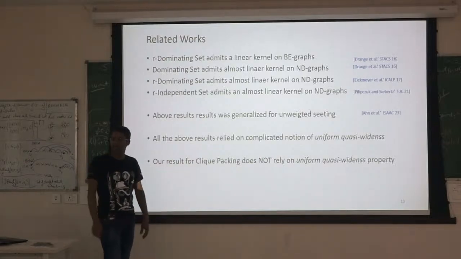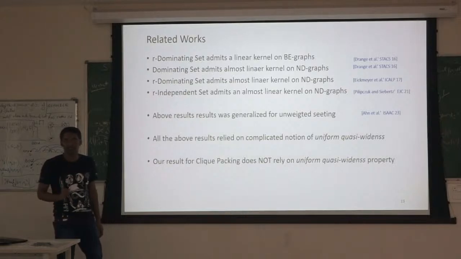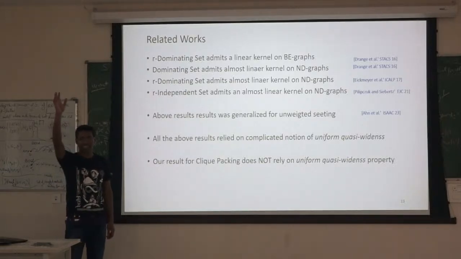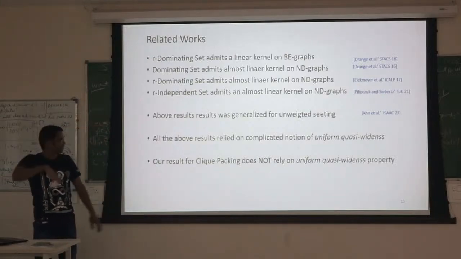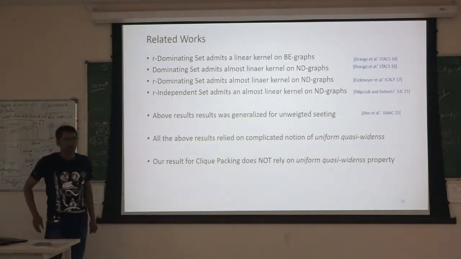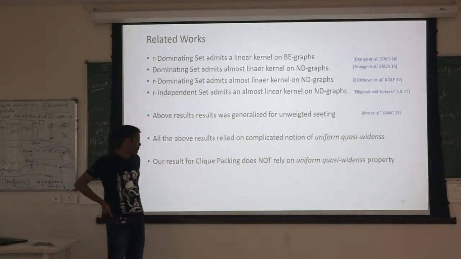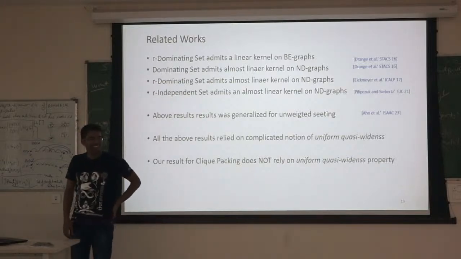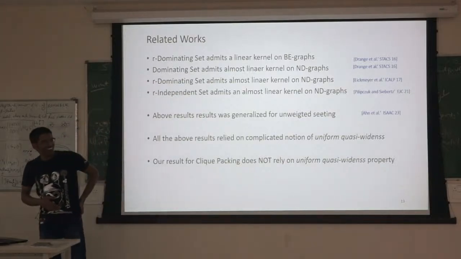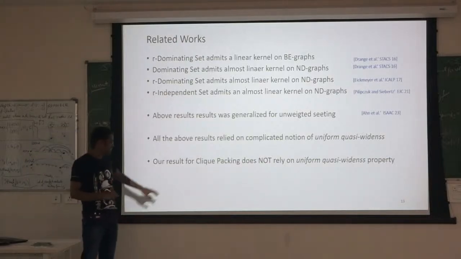For a fixed size? Yes, for a fixed t, so you already know what you are packing. For example, if you're packing K_r for a fixed r, then you can get a kernel of the same size. What we believe is that we can also do it for general graphs, but I still have to write down the details. Just for extra information, it need not be a clique.